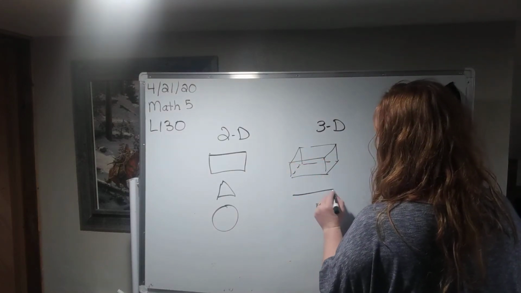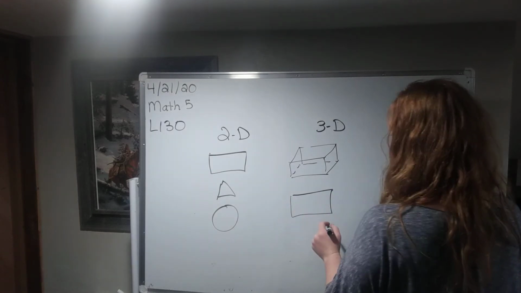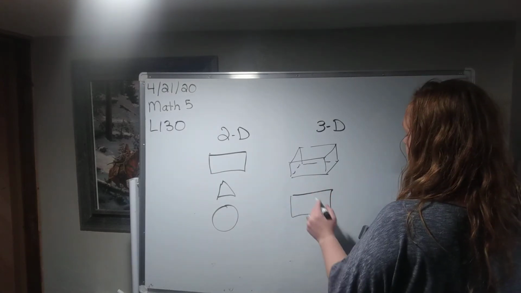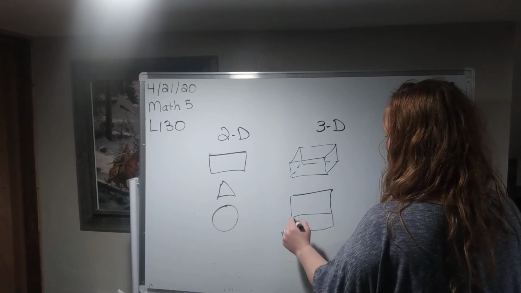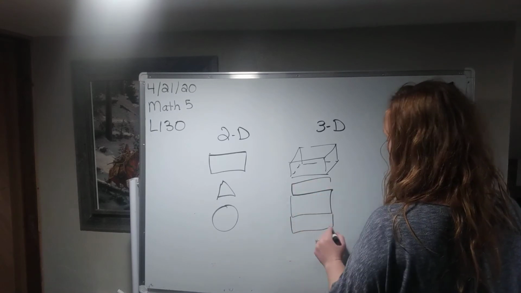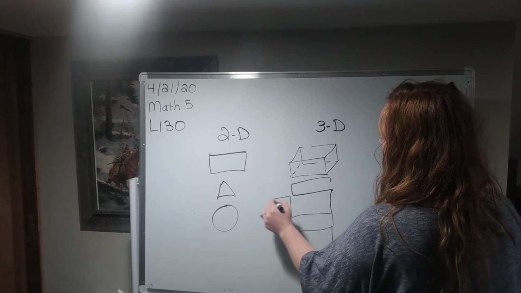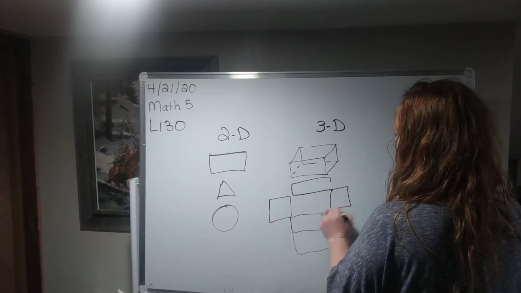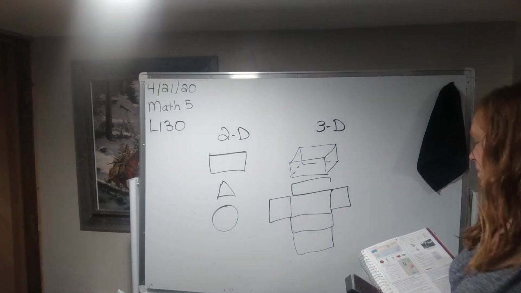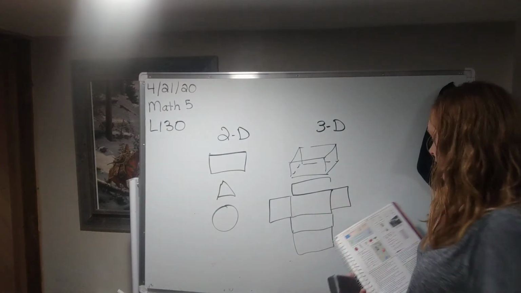Well, if I laid this rectangular prism open, I would have a rectangle, a smaller rectangle, a smaller rectangle, a bigger rectangle, right? And then I would have two flaps on the end. Okay, so this is what it would look like if I laid it open.